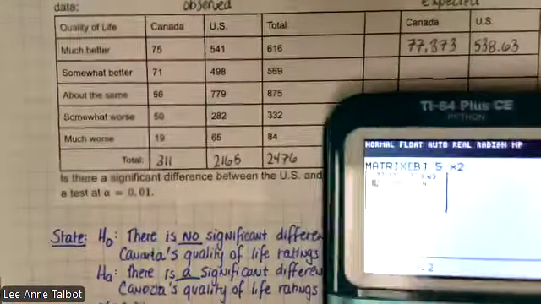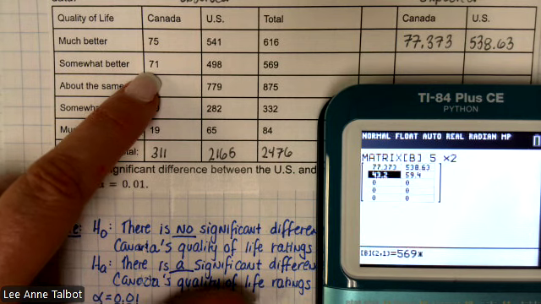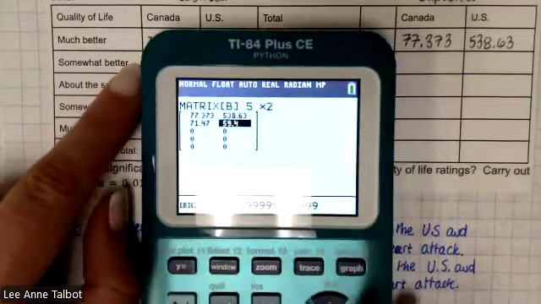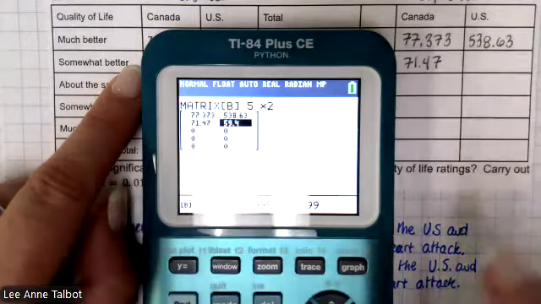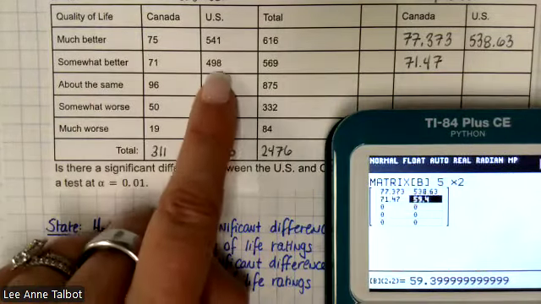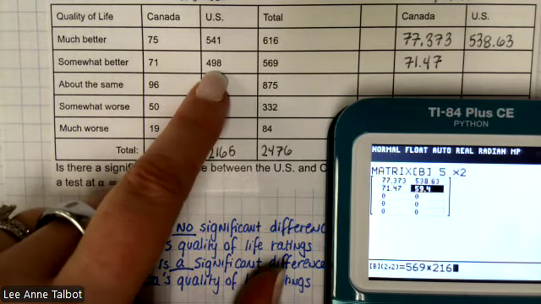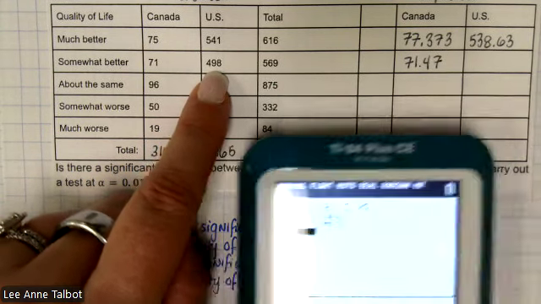Okay, now just keep going. 569 times 311 divided by 2476. Then 569 times 2165 divided by 2476.